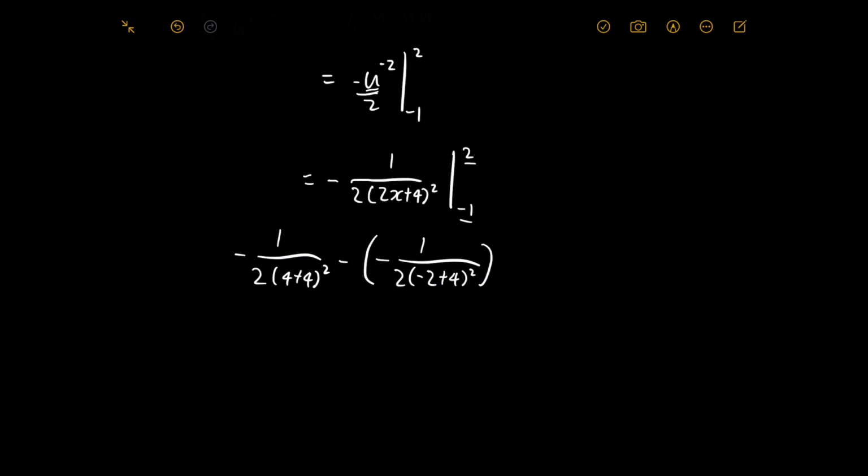So what's this? This is 8, and if we square this, then we get 64. And this is negative negative, so this is plus. This becomes 2. 2 squared is 4.